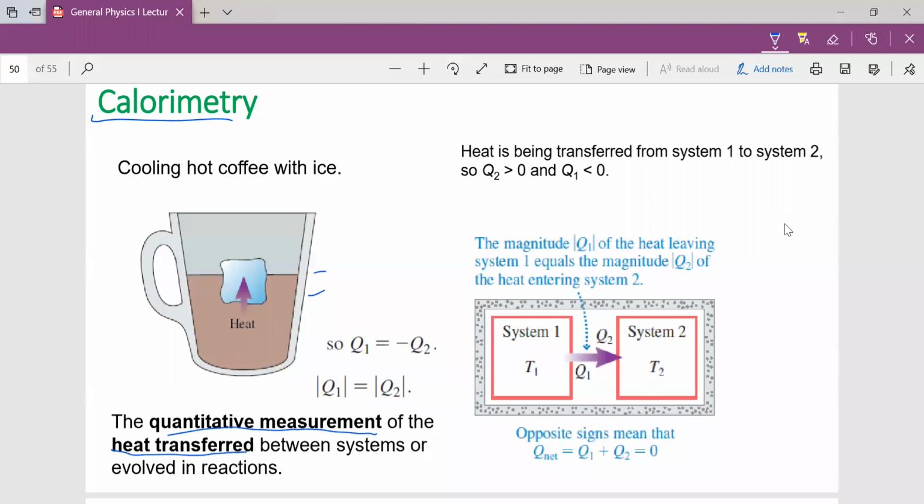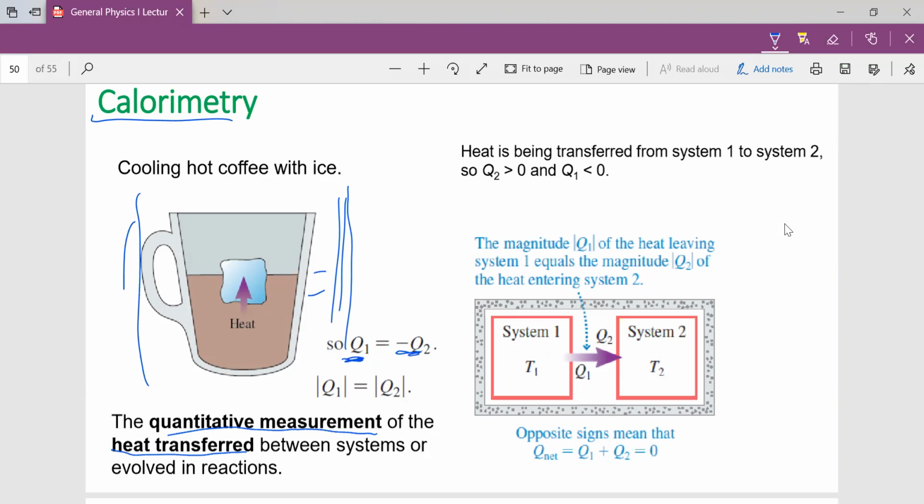So now this is what we do every day, but this action that we take every day can actually be quantified. So we see that if system one is the one that is giving out, and the one that is gaining, when it's giving out, it's minus.